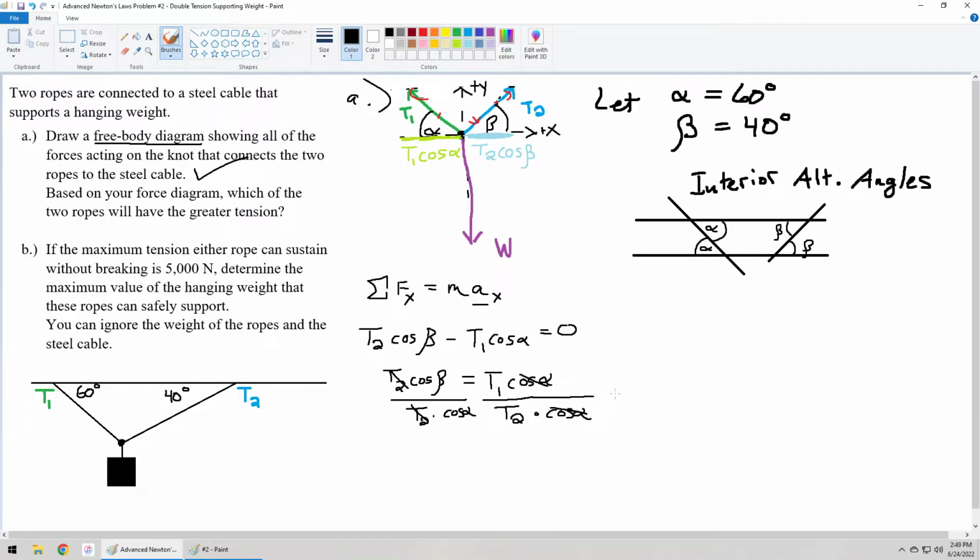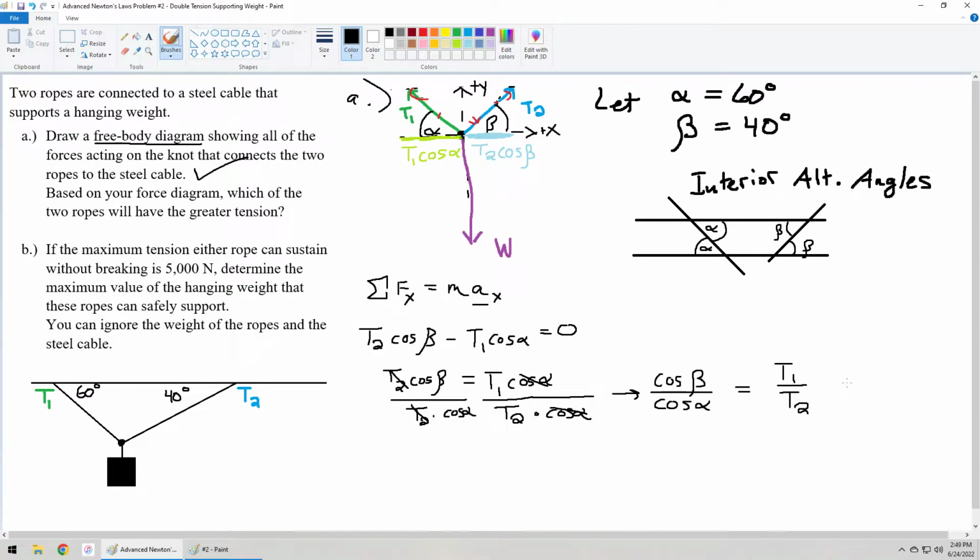Okay, getting ahead of myself, sorry about that. Which means we have cosine of beta divided by cosine of alpha is equal to T1 divided by T2.